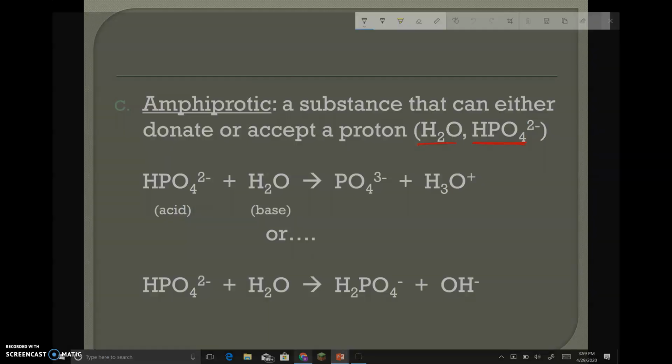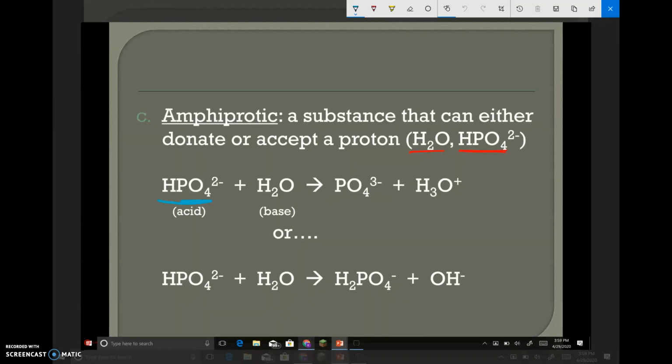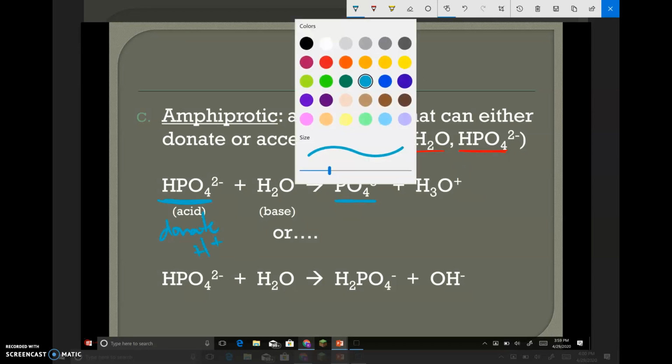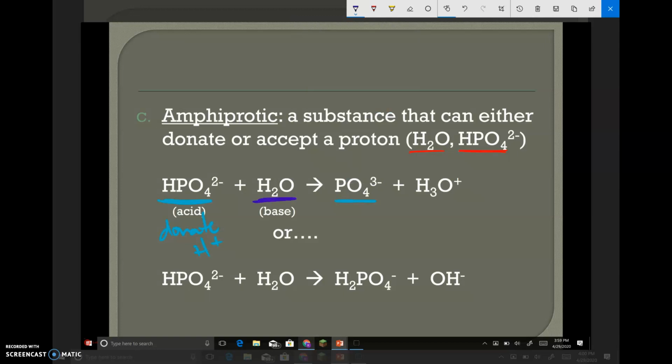So in this first example right here, notice if we compare the monohydrogen phosphate to phosphate on the product side, we've lost a hydrogen, so we've donated a hydrogen, that's why it's the acid. The water in this example, if we compare it to the product side, we have hydronium. We've gained a hydrogen and a positive charge, so this one we've accepted it, and that's why that's the base.